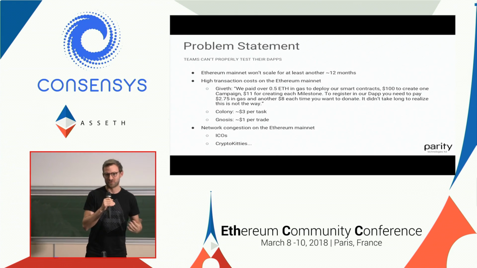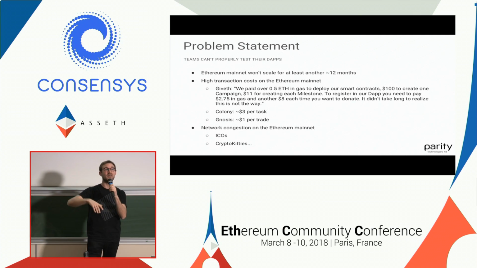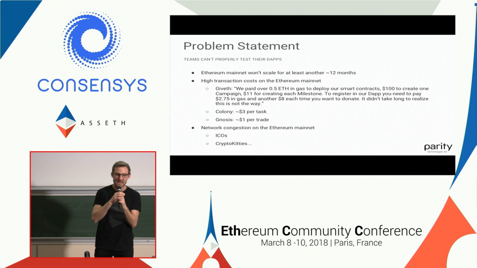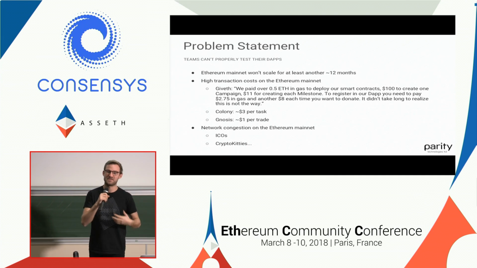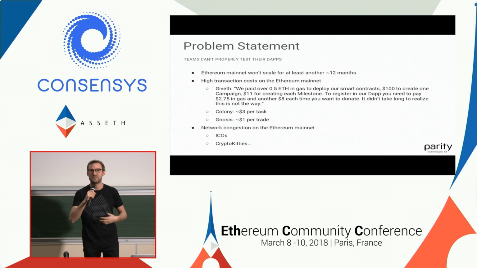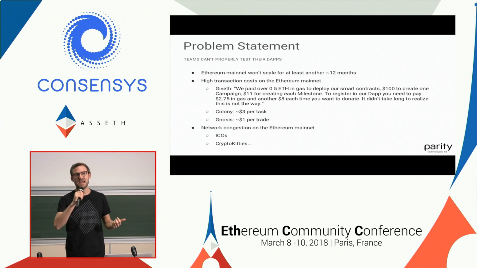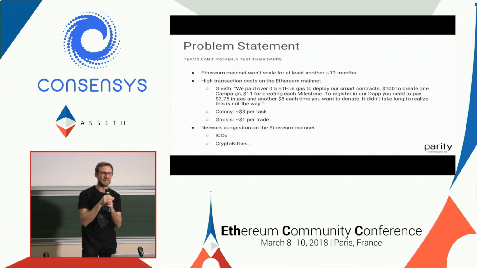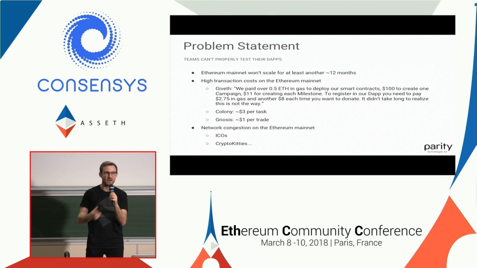As many of you know, and I would be really interested to find out later how many of you here are dApp developers and have been working on certain dApp smart contracts and so forth, we are confronted with the problem that the Ethereum mainnet still doesn't scale, even though we've been live since summer 2015, and it currently doesn't look like the Ethereum mainnet will scale for at least another 12 months.